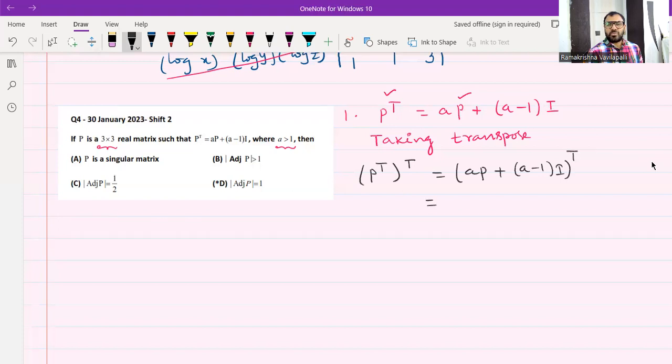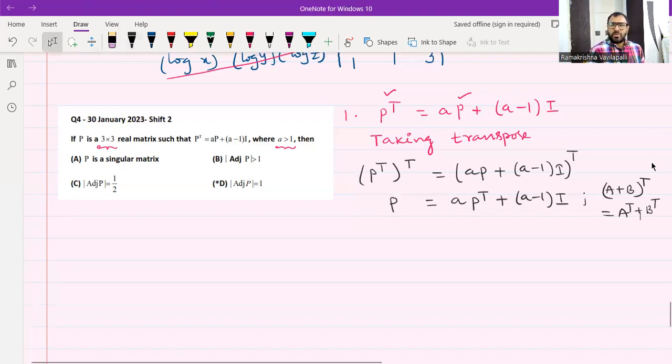This is equal to A into P transpose, and the left side becomes only P plus A minus 1 into I transpose, which is nothing but I. Here we have used that A plus B whole transpose equals A transpose plus B transpose. So here we got another equation. This is 1, and this is 2.